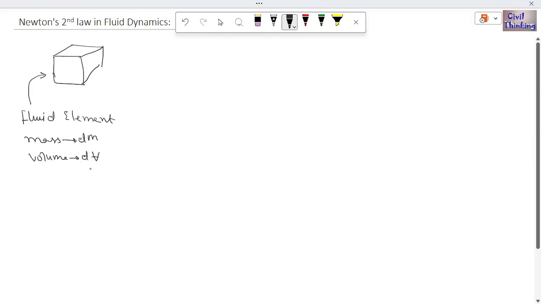Now let us say we have this path, and a fluid particle is moving on this path. I denote this path with S, and why I did that I will tell you after a few minutes. Now we have this fluid element, and it is moving on this path.